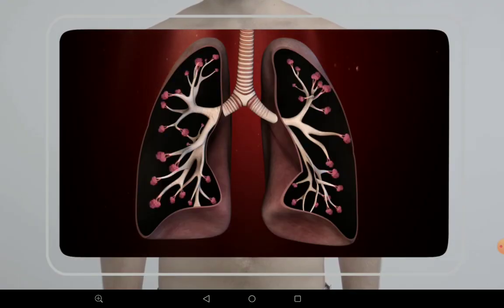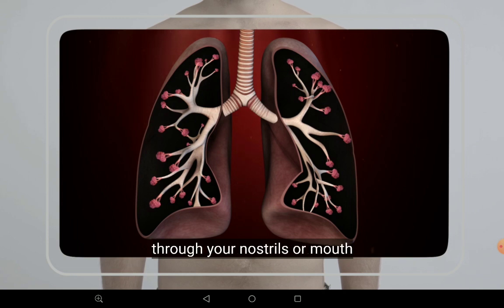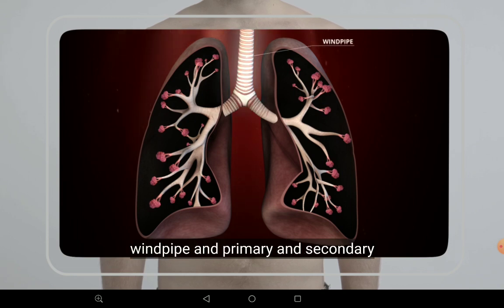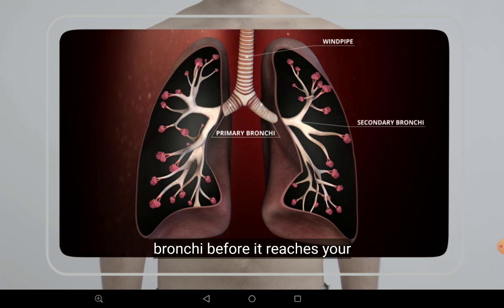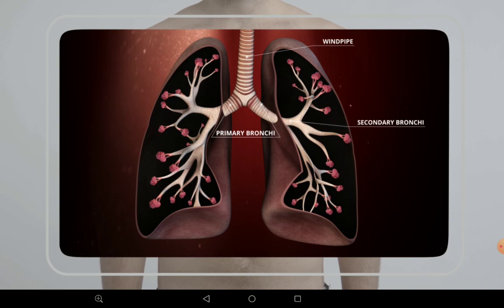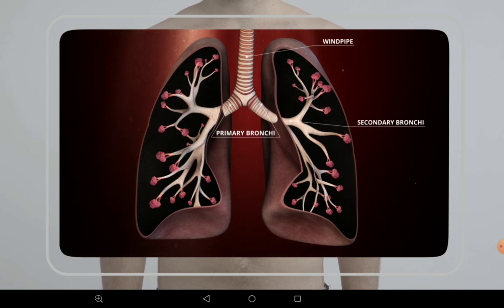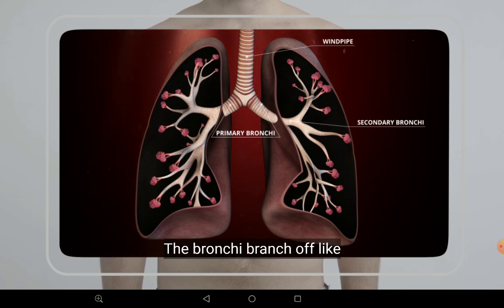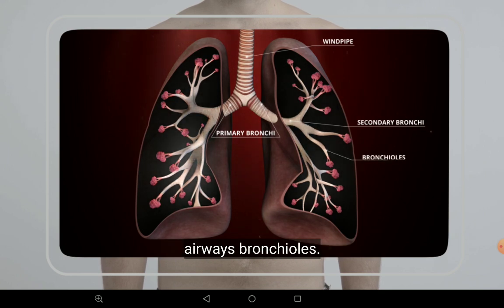When you breathe, air streams through your nostrils or mouth, through the primary and secondary bronchi before it reaches your lungs. The bronchi branch out like trees into increasingly smaller airways, the bronchioles.